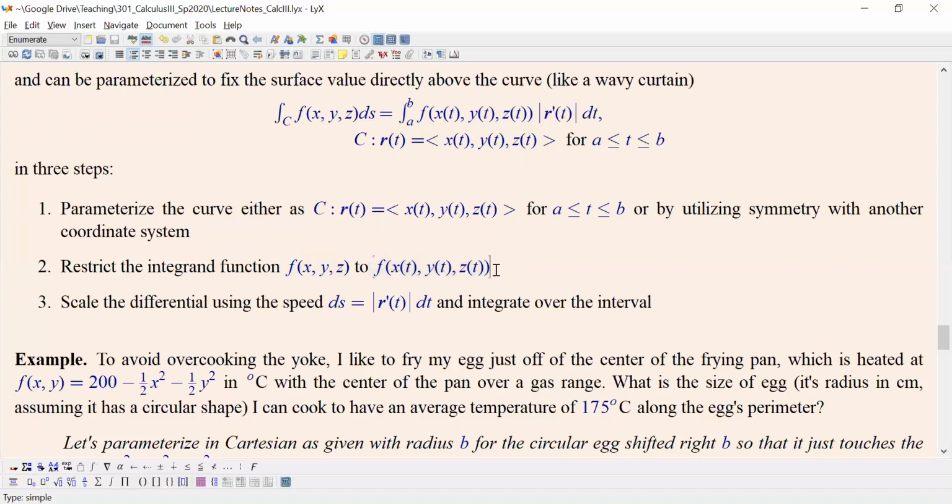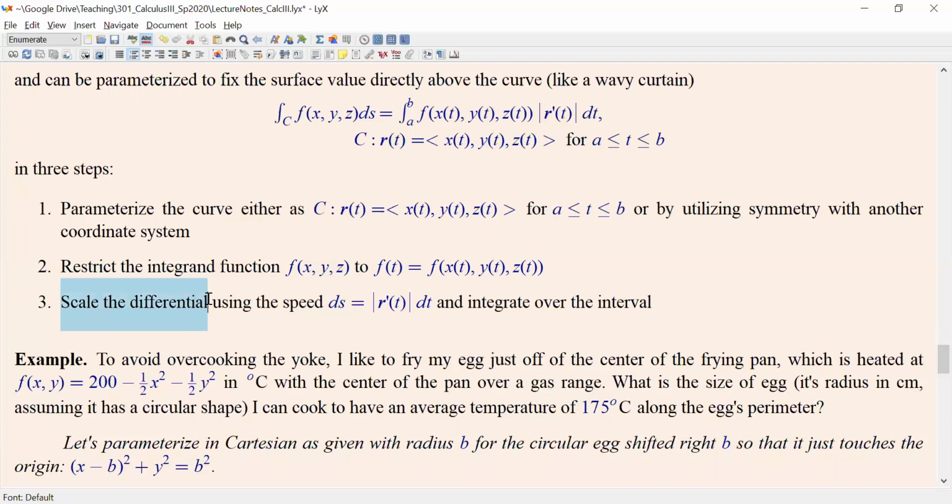So you can think of this as becoming f of t, essentially. So you're going to turn that surface into a function of a single variable, t. Then we're going to scale the differential using the speed. And this goes back to the chapter on vector valued functions, where we met the arc length s.